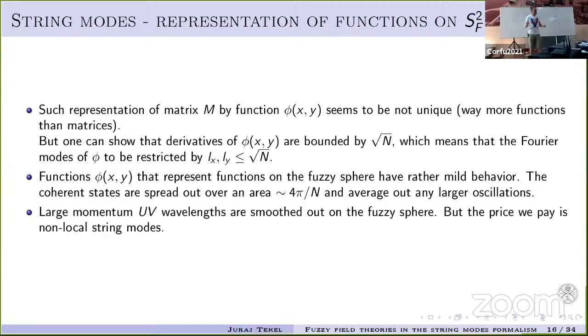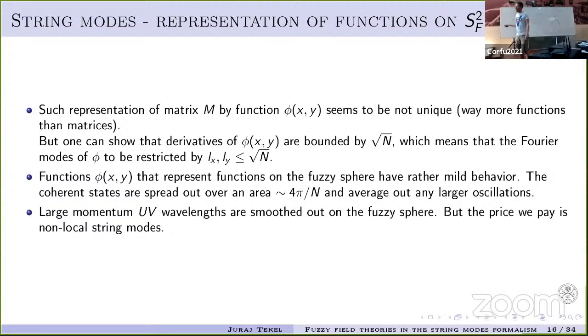The reason for this is that the coherent states are localized on a finite area of the fuzzy sphere, proportional to 1 over n. Therefore, whatever happens with this function over that area gets averaged out and doesn't contribute.